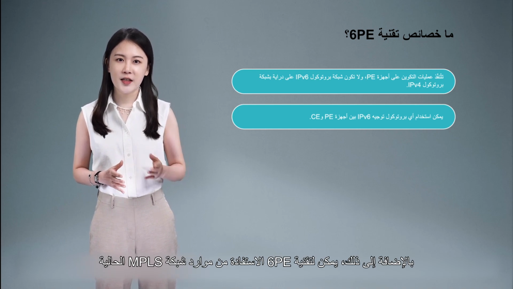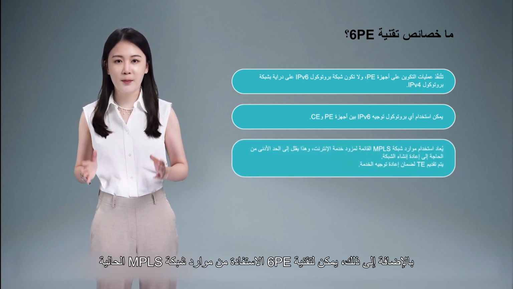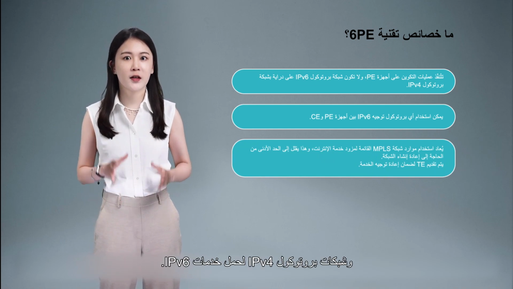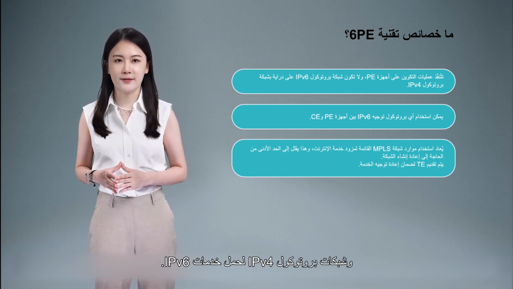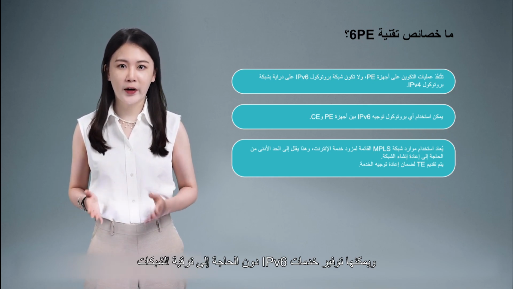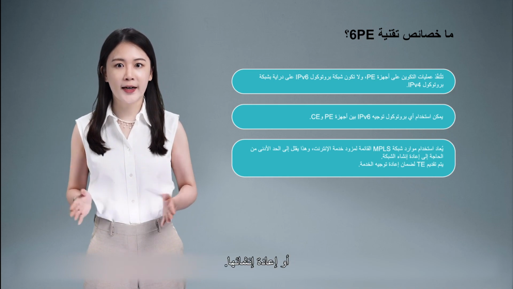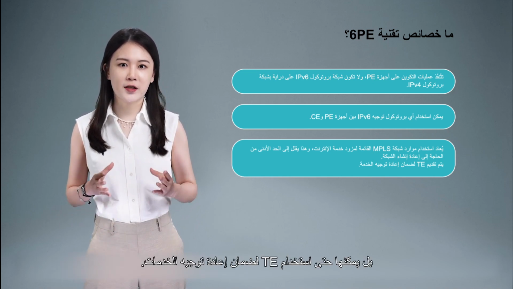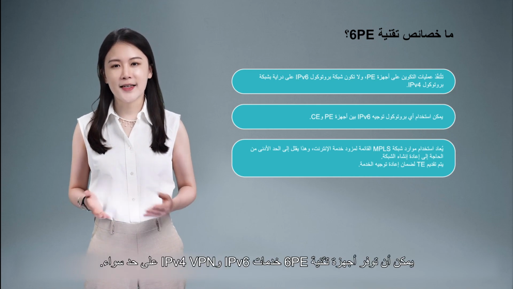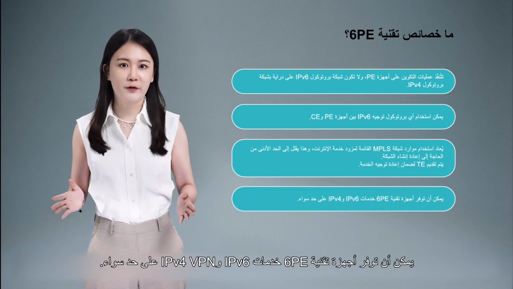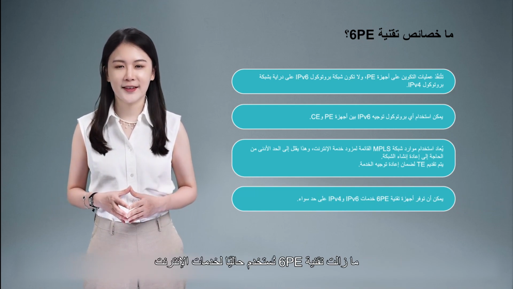In addition, 6PE can leverage existing MPLS network resources and IPv4 networks to carry IPv6 services. It can provide IPv6 services without requiring network upgrade or reconstruction. It can even use TE to ensure service forwarding. 6PE devices can provide both IPv6 and IPv4 VPN services.